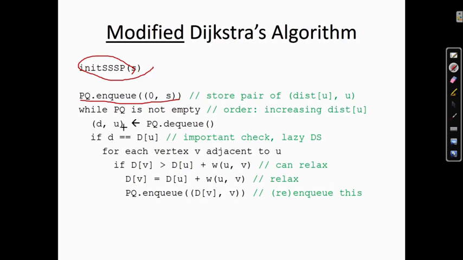I dequeue from the front of the queue and check whether this D is the most up to date. If it is, I relax all the outgoing edges. If it can be relaxed, I update DLB and enqueue a new copy, instead of trying to find D inside the queue and updating it.